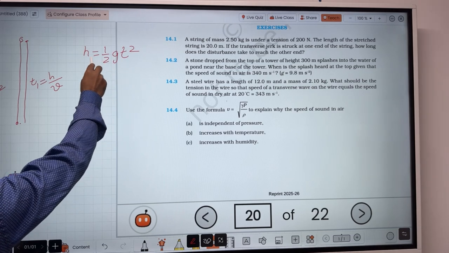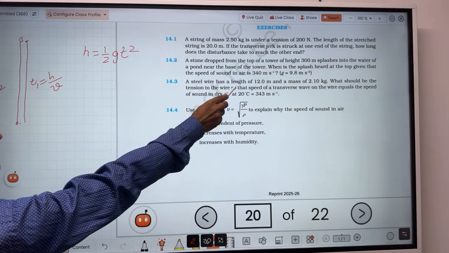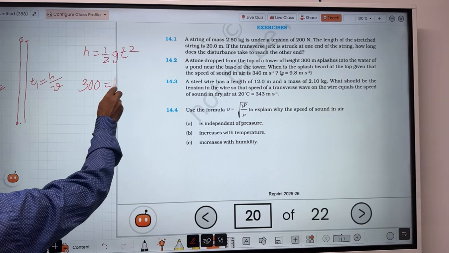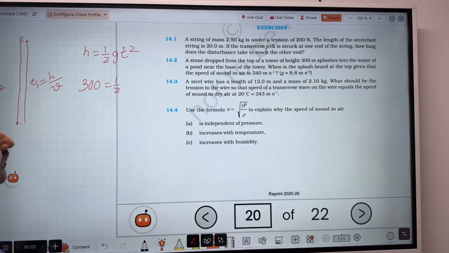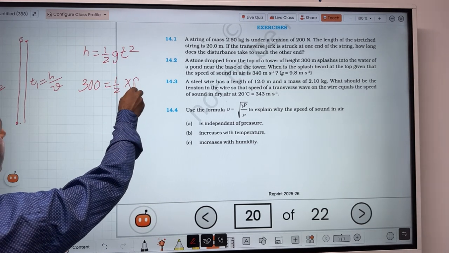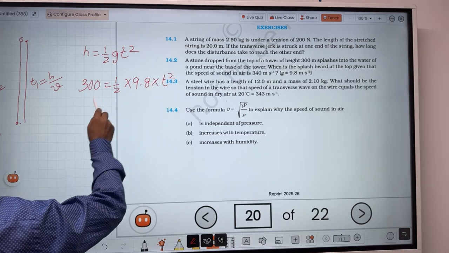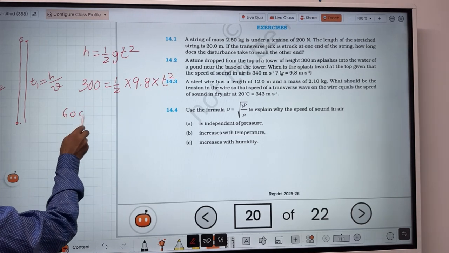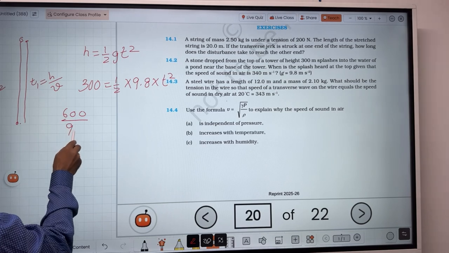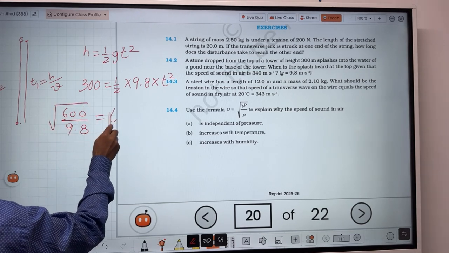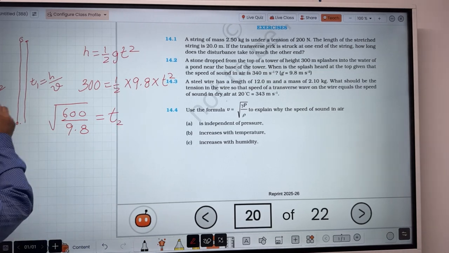So from here h is given as 300. So 300 equal to half g, in our question it is given 9.8, into t square. So t equals root of 600 divided by 9.8, which will give, say it is t2, as we have observed.